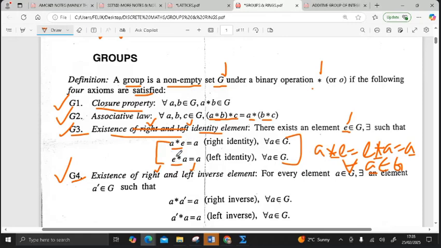But under multiplication, it has an identity element, and the identity element in that case is 1. Any natural number multiplied by 1 is no different from 1 multiplied by any natural number, which is equal to A for every natural number.